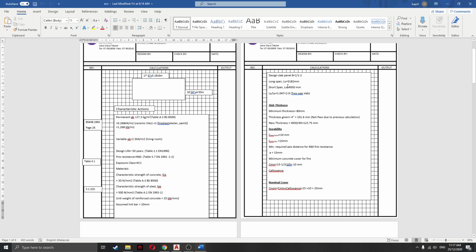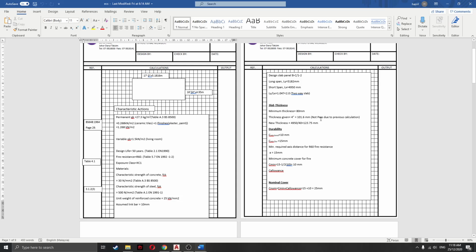Long span is LY 5182 mm, short span 4950 mm. I got 1.047, lesser than 2, so it is a two-way slab. Slab thickness, minimum thickness I get is 80 mm, but the thickness given is 4 foot equal to 101.6 mm.